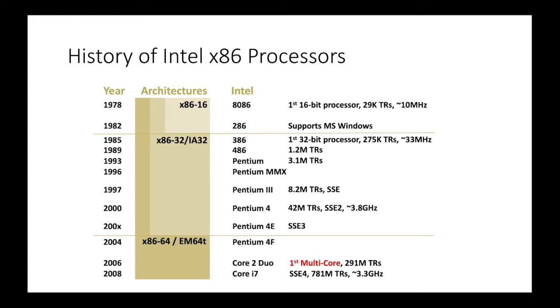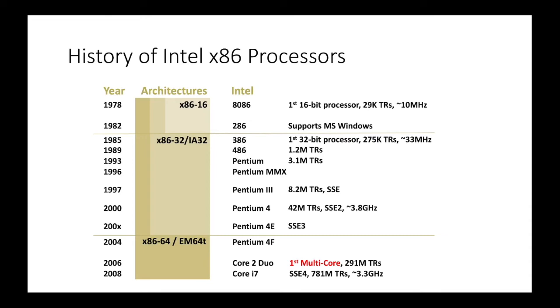In 1985, the first 32-bit x86 was introduced, running at 33 MHz. It was fabricated with approximately 275,000 transistors. In 1993, the Pentium processor was introduced, fabricated using 3.1 million transistors.